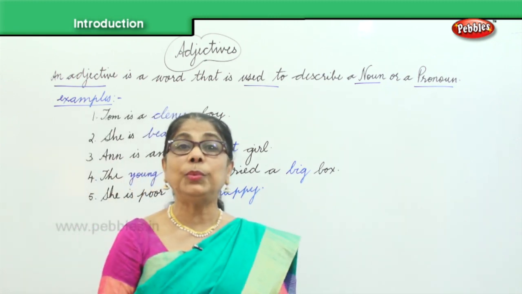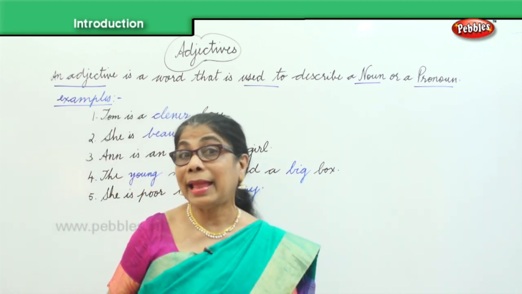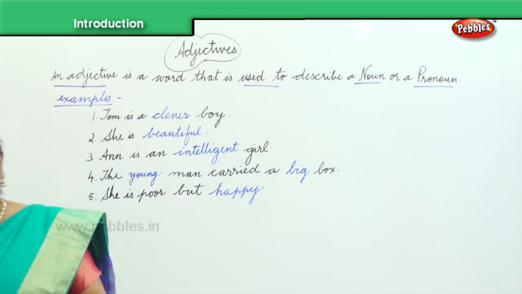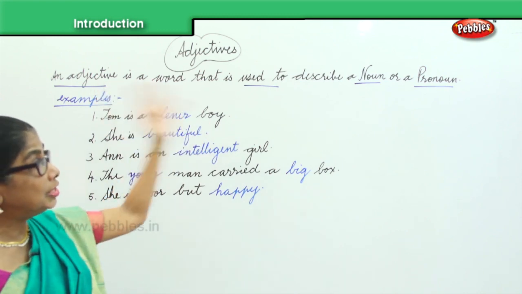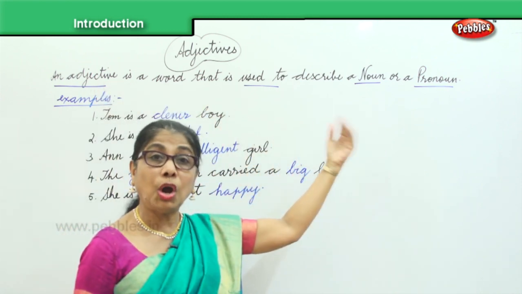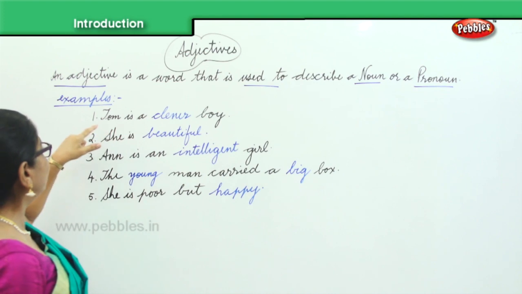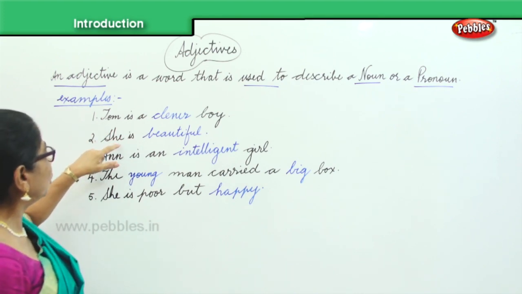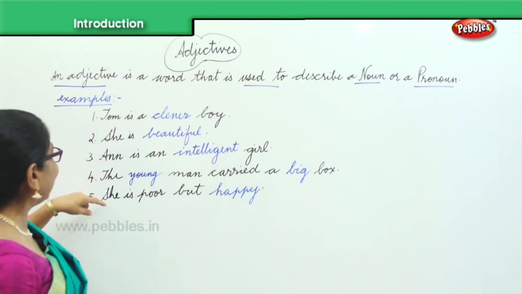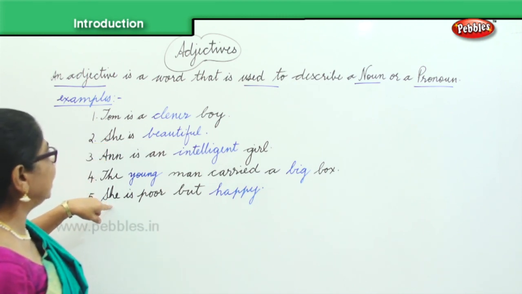Let's look at all this. We are talking about adjectives. An adjective is a word that is used to describe a noun or a pronoun. Now, what are the nouns here? Tom, Anne, we have nouns, and we have pronouns, she, and she again here.